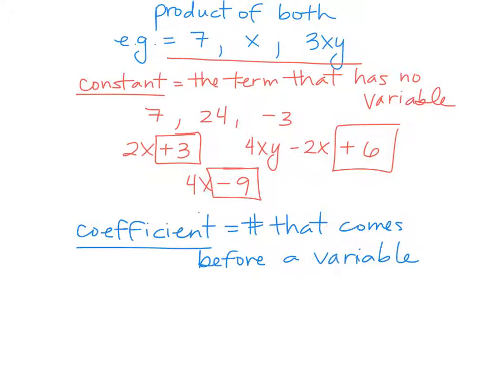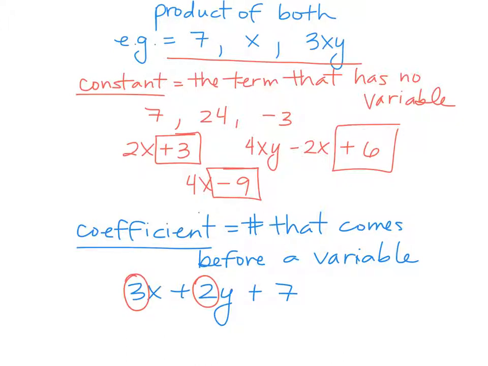Okay, so if I have like 3x plus 2y plus 7, okay? My coefficients right now would be this 3 because it comes before the x, and this 2 because it comes before the y. So 3 is a coefficient to x, and 2 is a coefficient to our y. Questions on that?